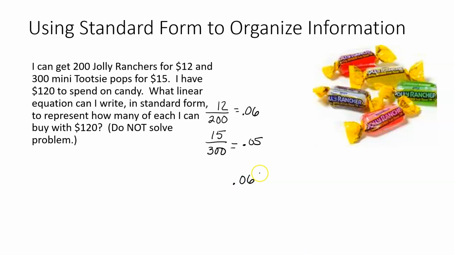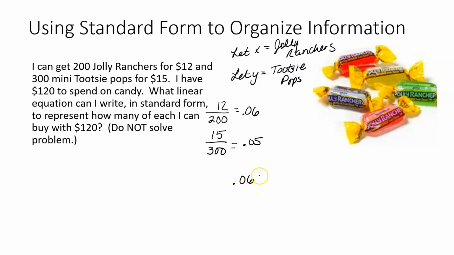6 cents times, let's let x equal the Jolly Ranchers, and let y equal Tootsie Pops.